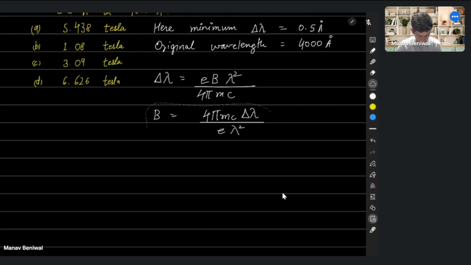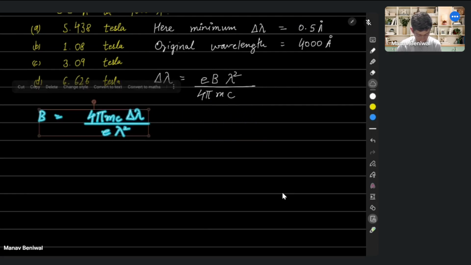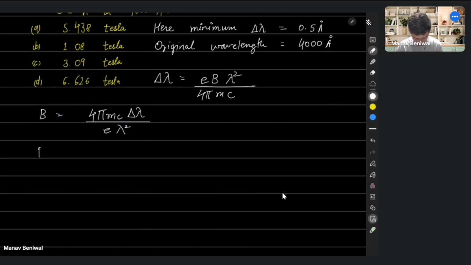Let me bring this thing here. Okay, now let's plug in the values. So this is 4, this is pi, mass is 9.1, right?